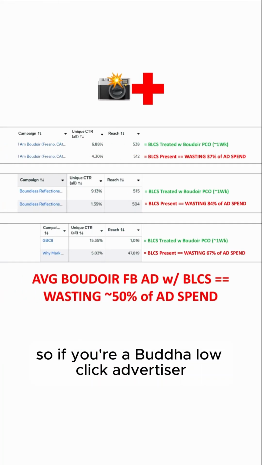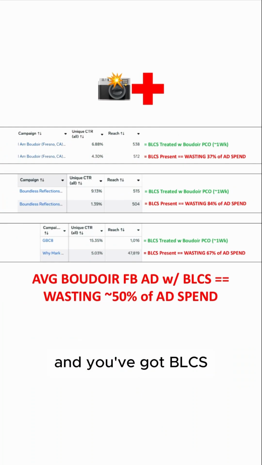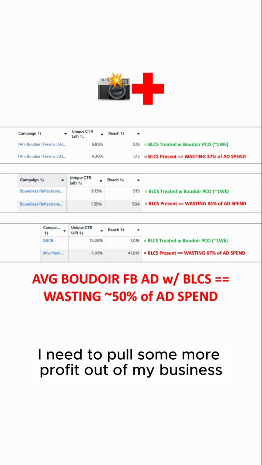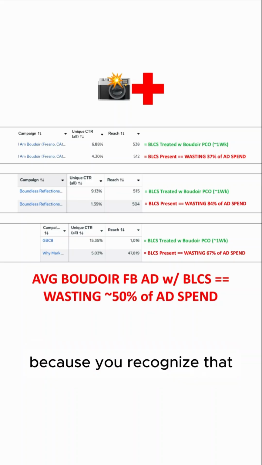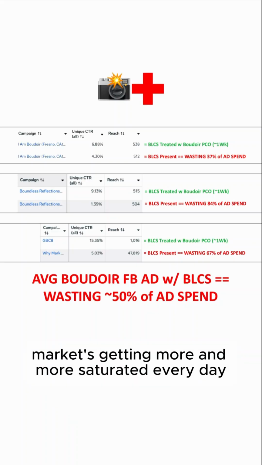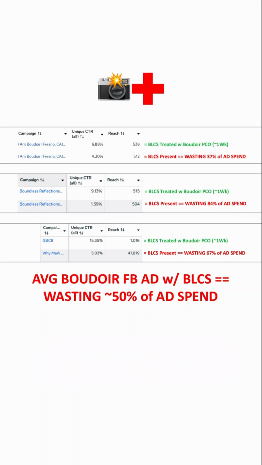So if you're a boudoir advertiser and you've got BLCS and you've decided, hey, now's the time I need to pull some more profit out of my business, and I want to do it through Facebook ads, because you recognize that the boudoir market's getting more and more saturated every day.